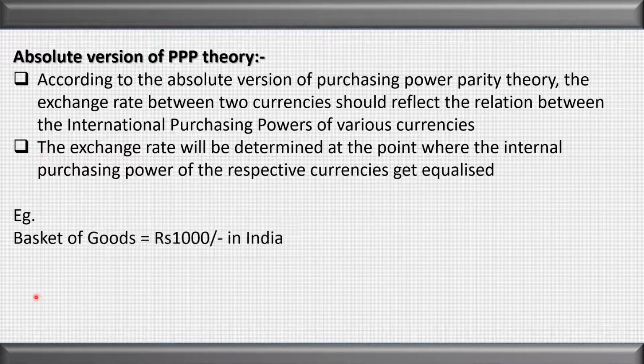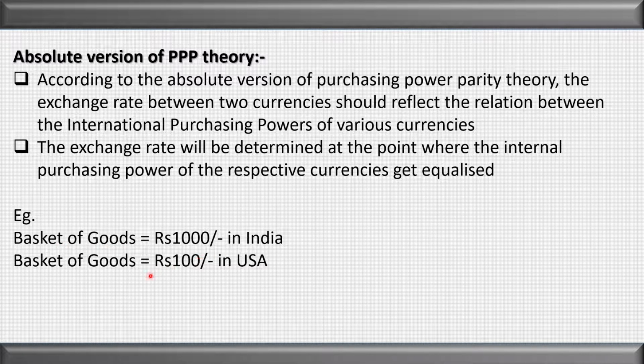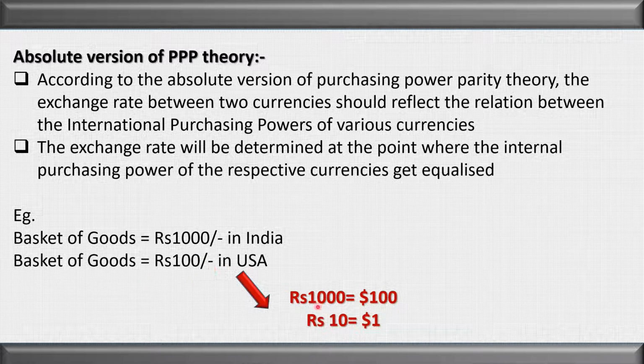When I say purchasing power gets equalized, what does it mean? Through this example I will tell you. Suppose the basket of goods in India is 1000 rupees and the basket of goods in USA is $100. It means that 1000 rupees becomes equal to $100. Why?